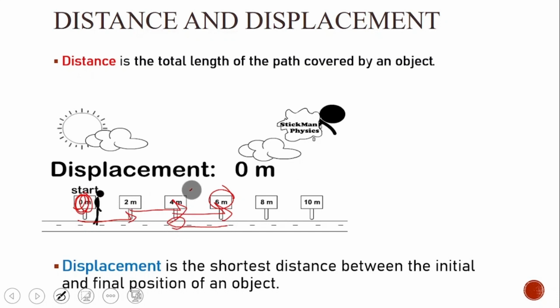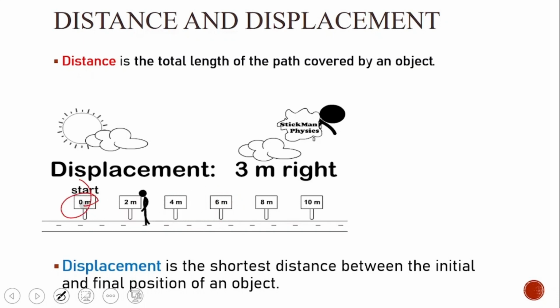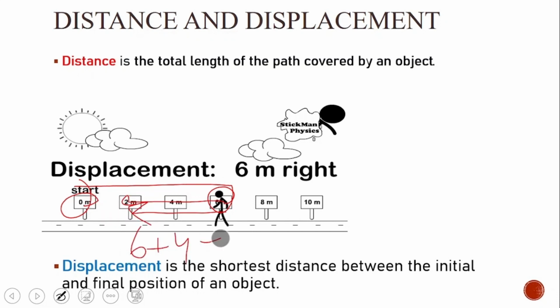That means another 2 meter he has walked, and here another 2 meter. So what is the total? The man has traveled first 6 meter, then again 4 meter. So 6 plus 4, 10 meter is the distance traveled by the man.